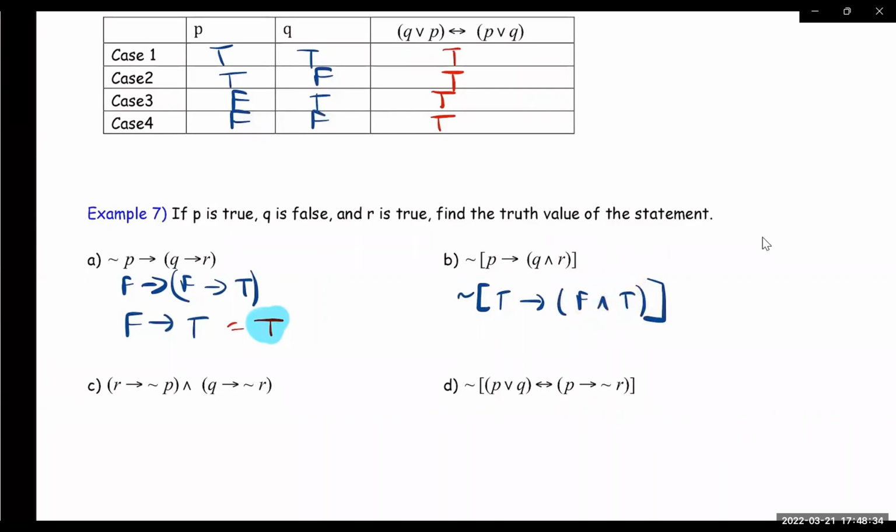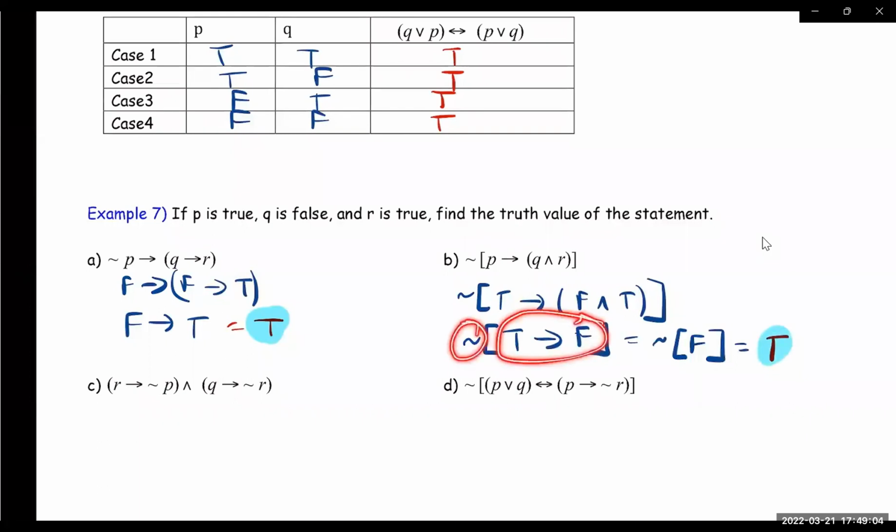So that becomes a false. And then if you have a true and then a false with an arrow, that's false. But then you have the negation in the front. That turns it into a true as a final answer because of a little negation in the front. So this part is false, but then when you negate it, it becomes true.